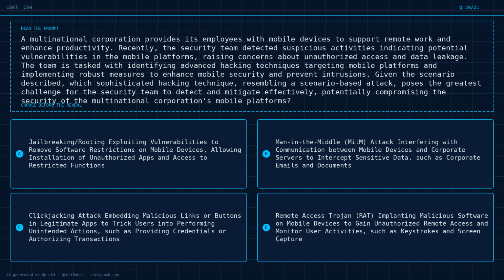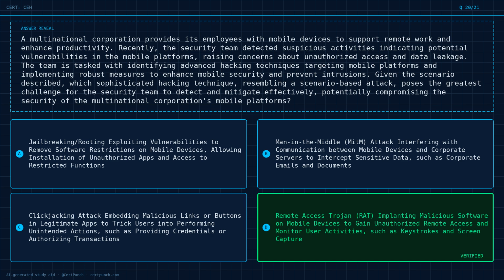Embedding malicious links or buttons in legitimate apps to trick users into performing unintended actions, such as providing credentials or authorizing transactions. Option D. Remote access Trojan, RAT. Implanting malicious software on mobile devices to gain unauthorized remote access and monitor user activities, such as keystrokes and screen capture. Choose the best answer before the reveal. Commit to it now.